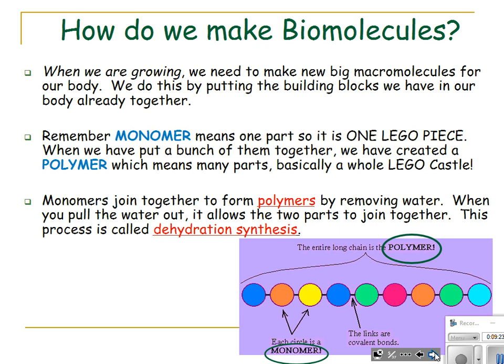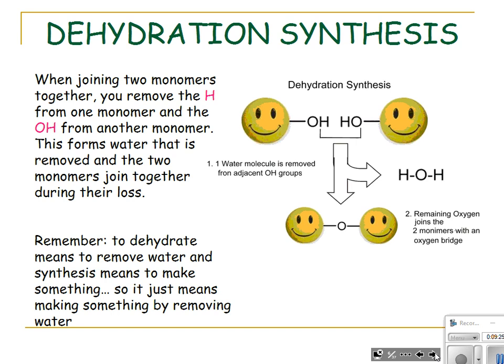Now, this dehydration synthesis here, when joining two monomers together, you remove the H from one monomer and the OH from another. This forms water that is removed and the two monomers join together.